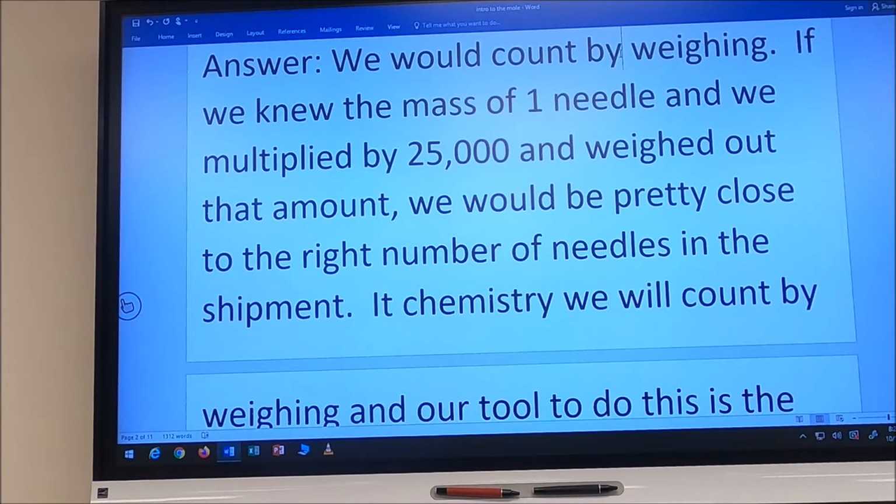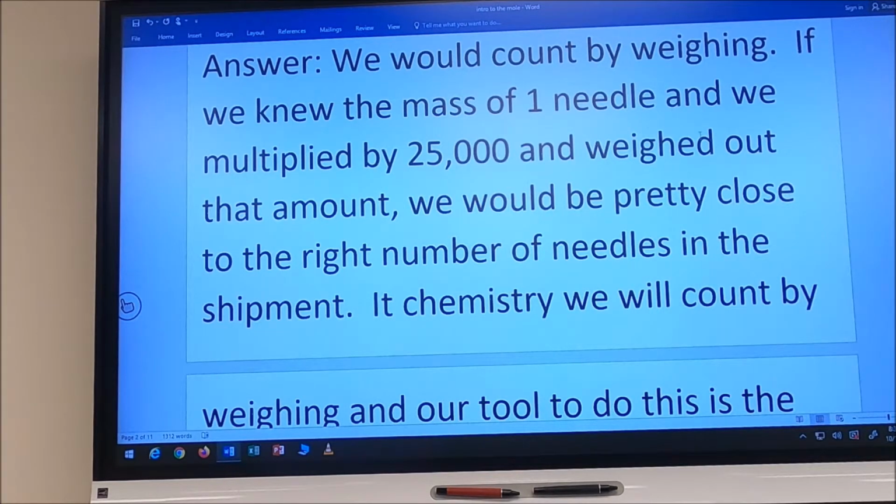What we do is we figure out what the mass of one needle or one paper clip is, multiply by the number that I want, and then we weigh out that amount. Would we hit the exact number of needles or the exact number of paper clips we wanted? No. Would it be close enough? Heck yeah. And the person who is receiving it on the other end isn't going to count either. So we're going to count by weighing.